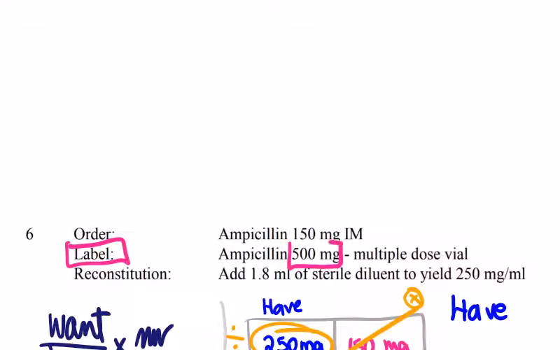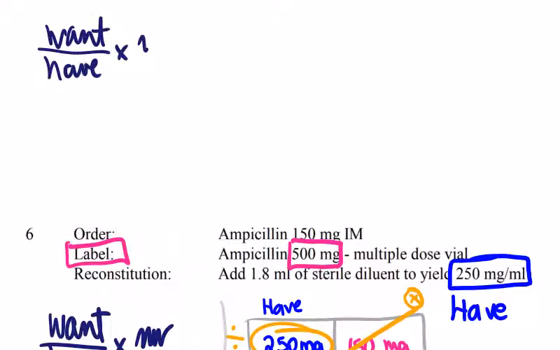The whole contents of the vial contains 500 milligrams. The concentration doesn't change. It's the same drug. It's the same concentration because that's how it reconstitutes and what it reconstitutes to. So we use the same idea. We want over have times the third quantity.